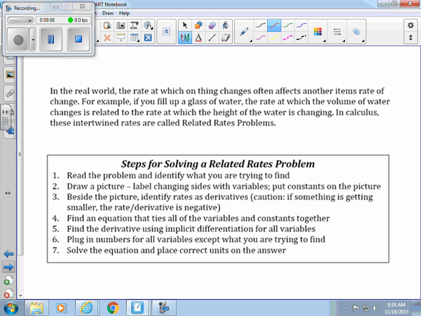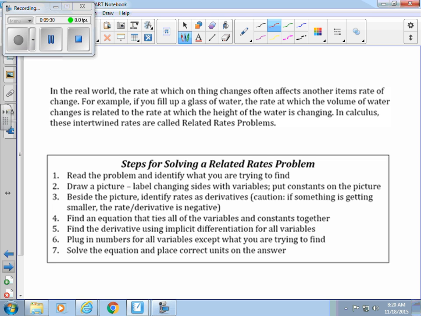Otherwise, label variables as variables. If something's going to change, leave it as a variable. Beside the picture, identify rates as derivatives. Caution: if something is growing, what do you know about the derivative? It's positive, and if something is decreasing or shrinking, then the rate would be negative. So we're going to have to keep that in mind.